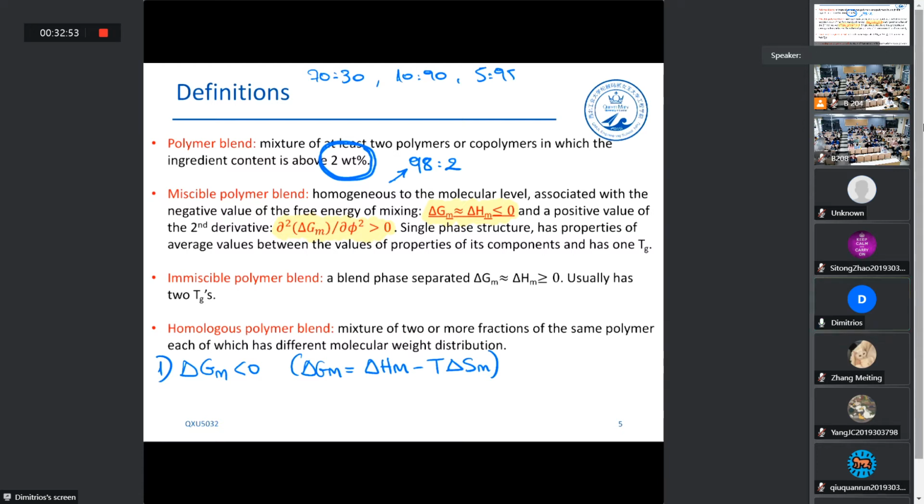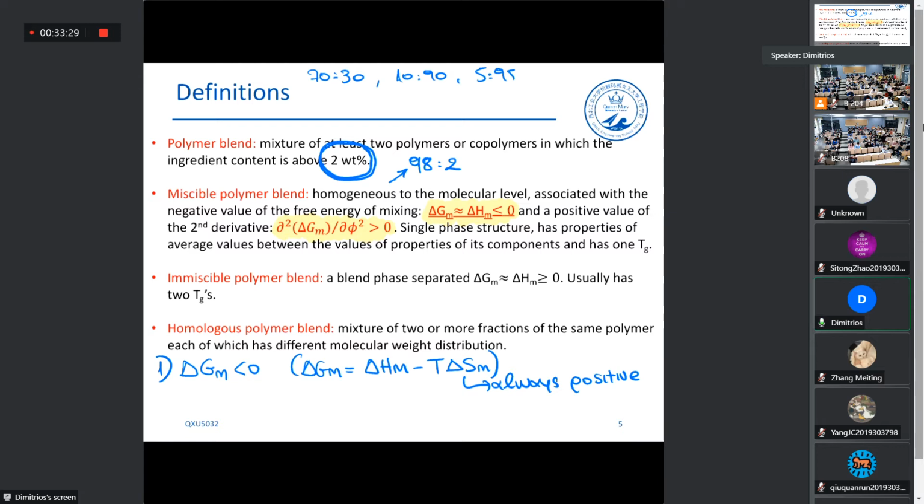Because the entropy is always positive, essentially it's the enthalpy that usually determines whether we have miscible polymer blends, okay? It plays a major role towards whether we have a miscible or immiscible polymer blend. For a miscible polymer blend, we have a single phase structure, as I said.